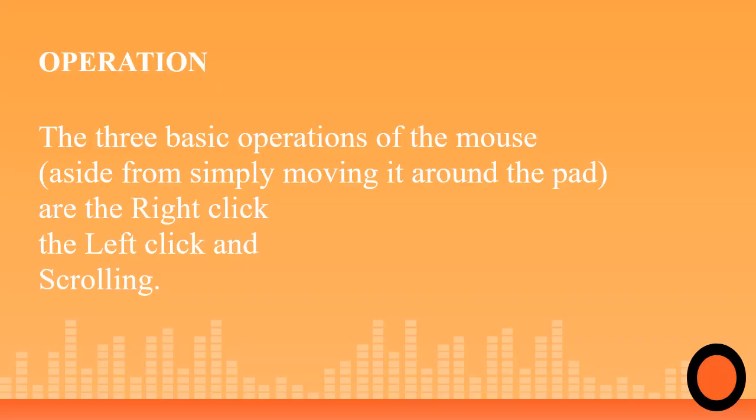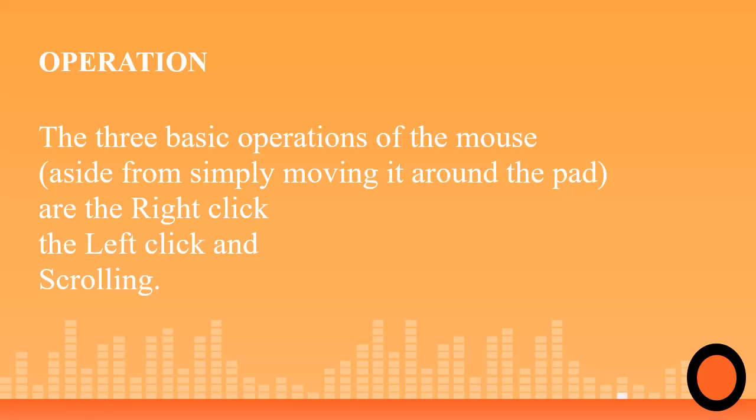We will now talk about the operation of the mouse, or what does the mouse do? The three basic operations of the mouse, aside from simply moving it around the mousepad, are the right click, the left click, and scrolling. I think you have already used these functions whenever you try to use a mouse.